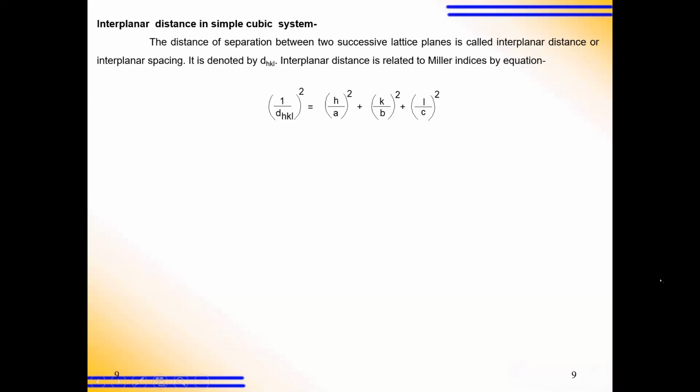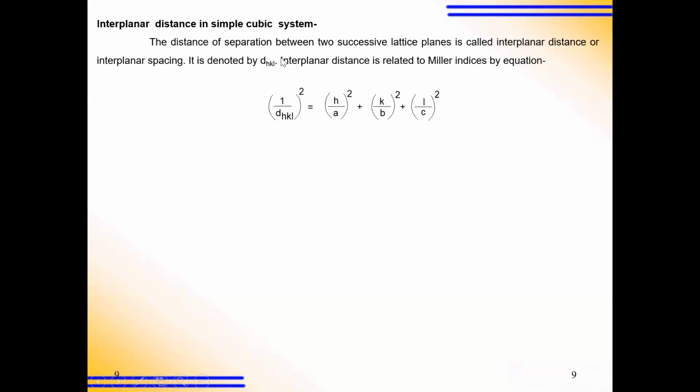Okay, so this interplanar distance or interplanar spacing is denoted by DHKL. HKL म्हणजे आपला मिलर इंडायसिस असतोय आणि तोच HKL आपण इथे लिहित असतोय. म्हणजे आता मी जे काय म्हटलंय D111 किंवा D100 किंवा D110, so this is HKL.